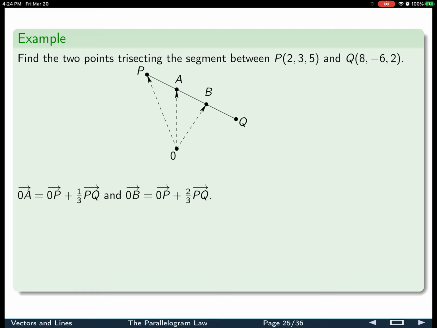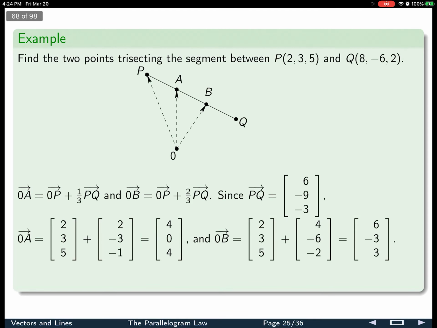We're going to find the vector that connects P and Q, and then we're going to use 1/3 of that vector and 2/3 of that vector to come up with A and B. All right, so there's all the math. Cool.